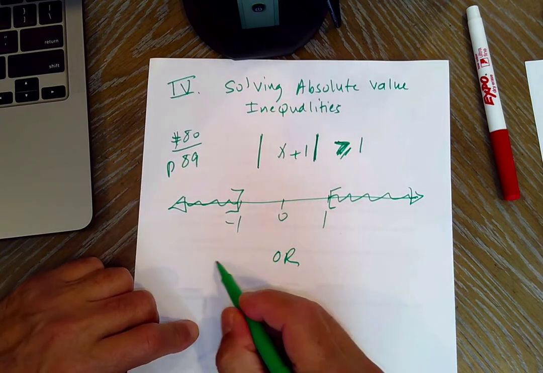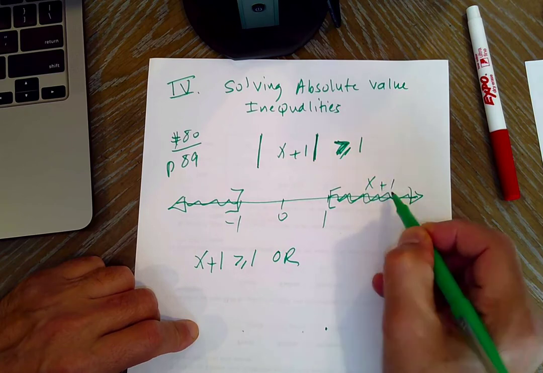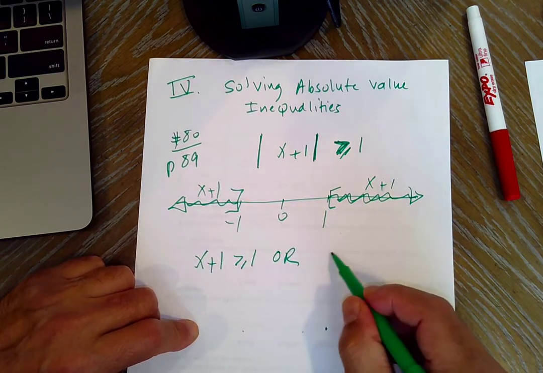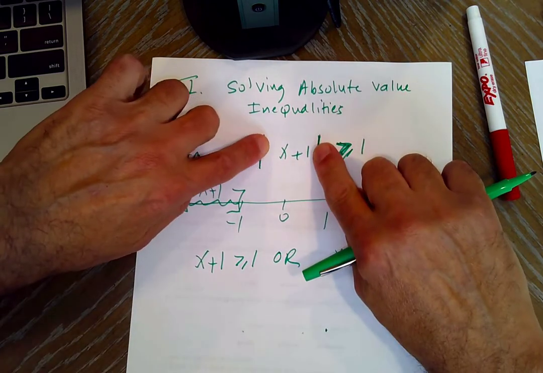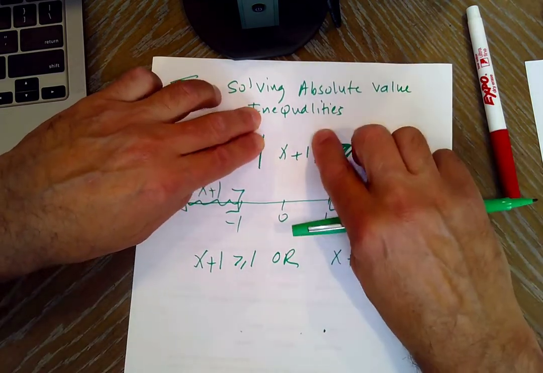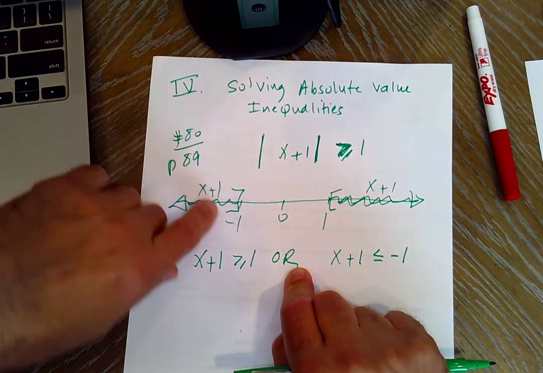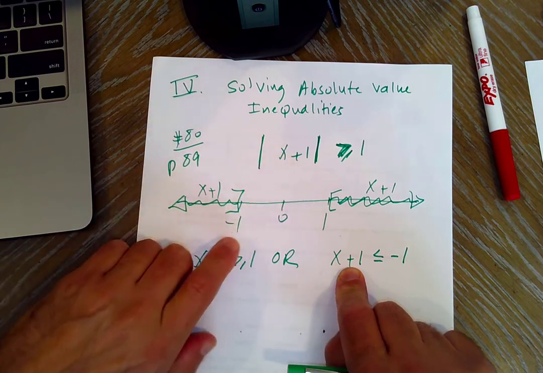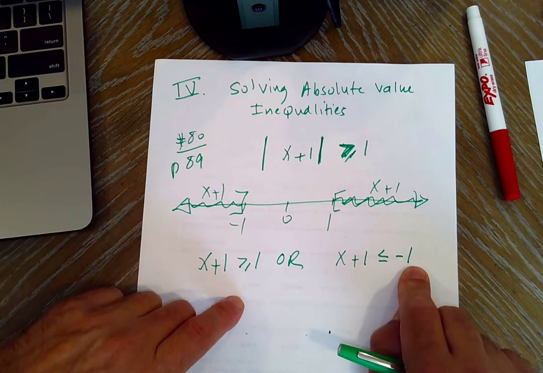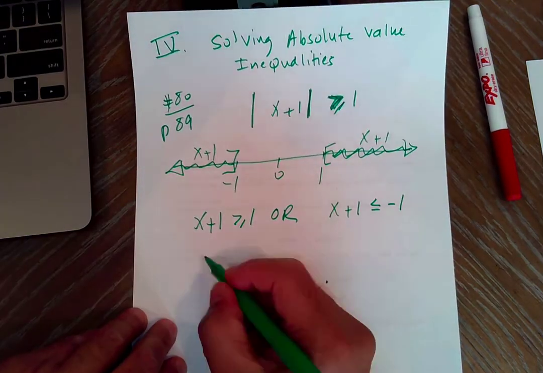So x plus 1 is greater or equal to 1. It's going to be here, or it's going to be right there, which is less. So you flip this and make it negative. Okay, you drop the absolute value. If you want to have an idea what to do, you drop the absolute value, you get the first one, or then you keep the same side because that's what you have in there, and then you flip the inequality and make that negative. And now you can solve it using compound inequalities.